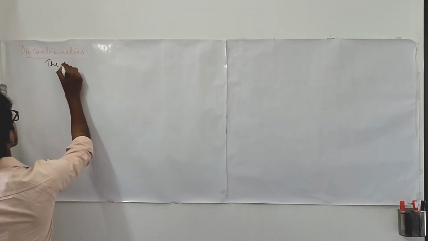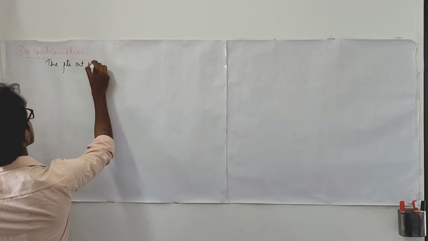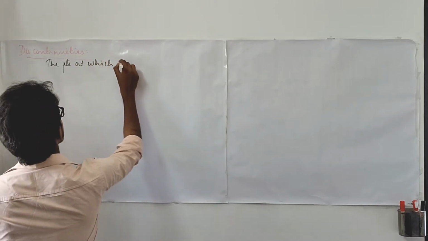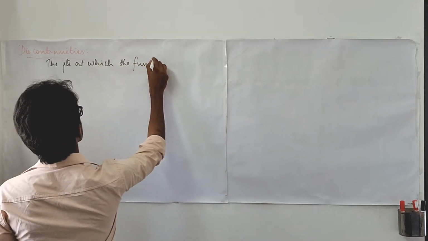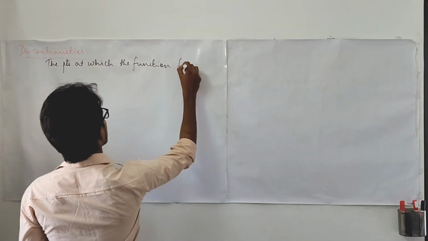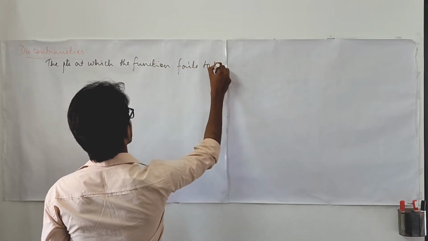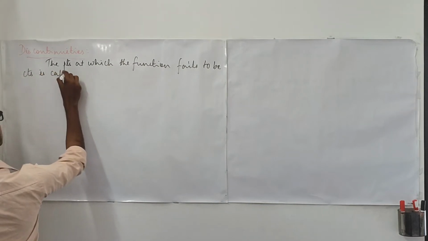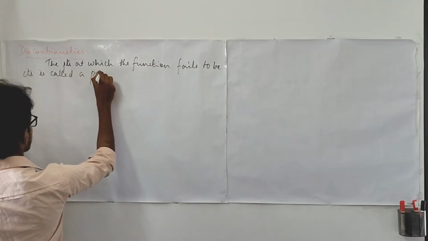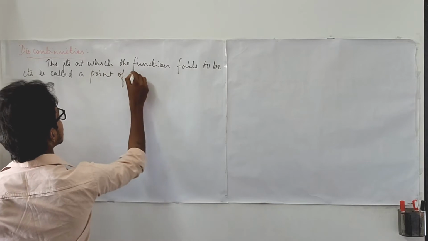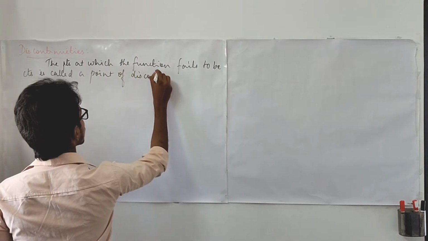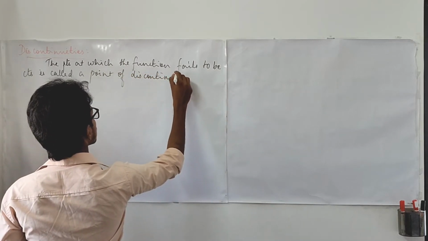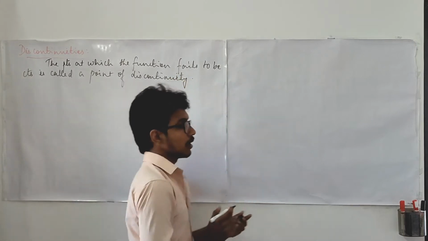The points at which the function fails to be continuous are called points of discontinuity. Okay, this is how we define discontinuity.